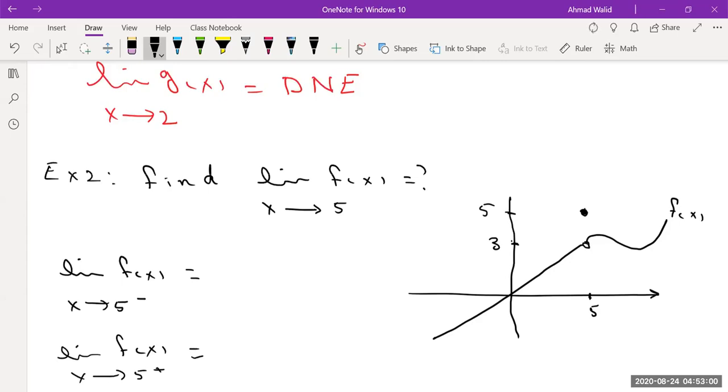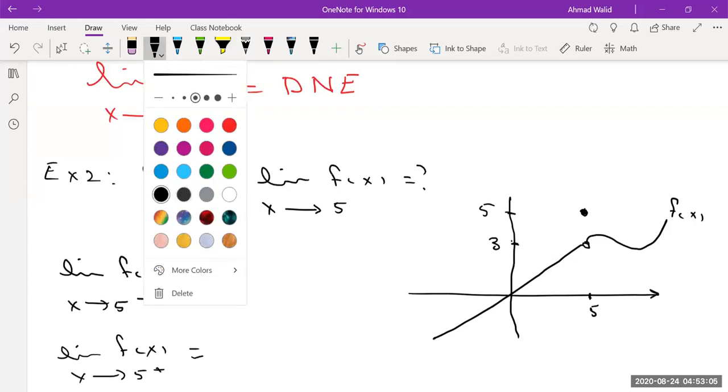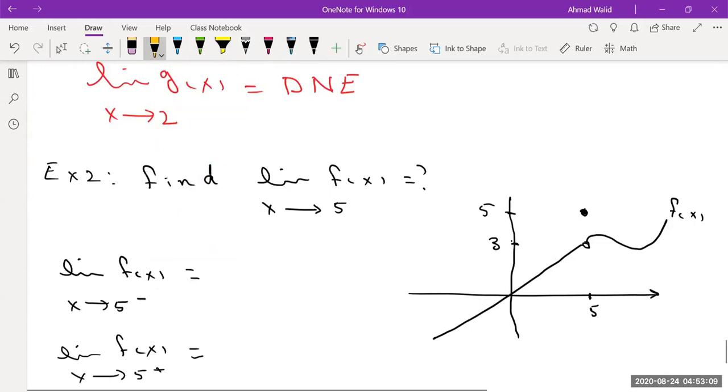If it exists, how much? Again, changing the color. First, when x approaching to 5 from the left, look at my cursor, the yellow line. I'm approaching to 5. How much is the value of this point? 3.